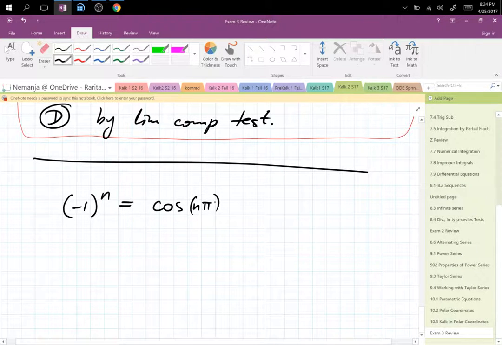So what do you do if you see other sines and cosines other than cosine n pi or sine of n pi over 2? What do we do with random sine n and sine 3n and whatever?